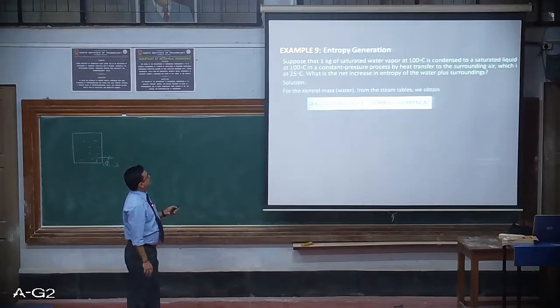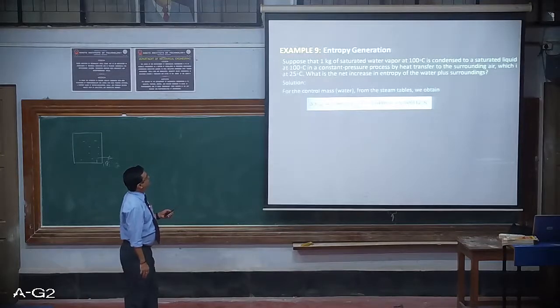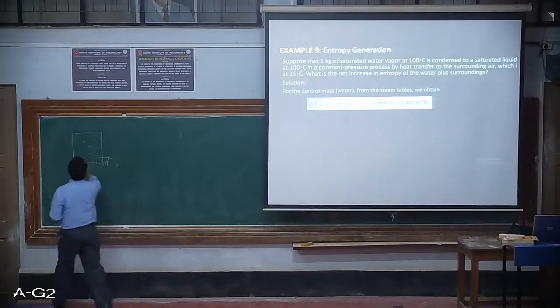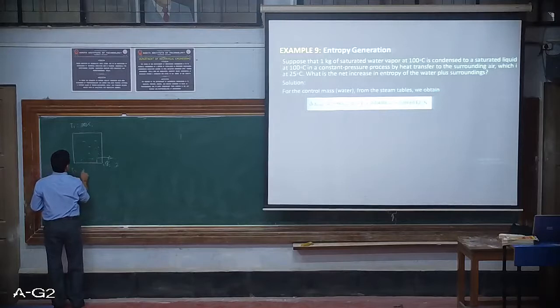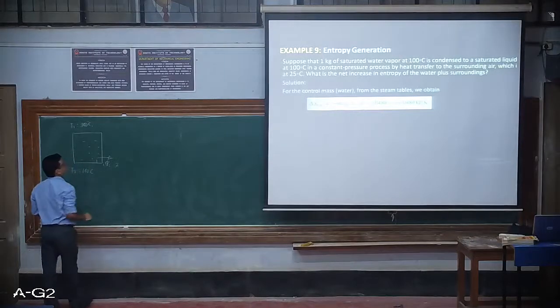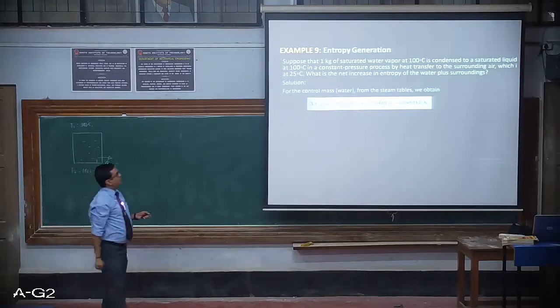Saturated liquid, after condensation it gets back to saturated liquid. So what are the initial conditions? Initial condition is that we have T1 equal to 100 degrees Celsius and T2 equal to the same 100 degrees Celsius, to the surrounding air.